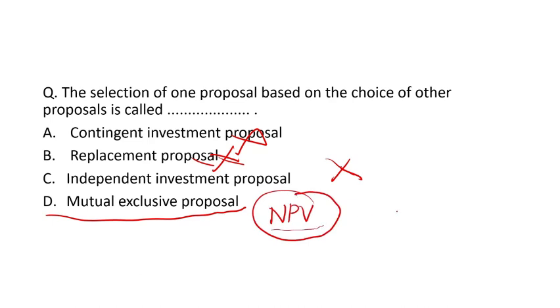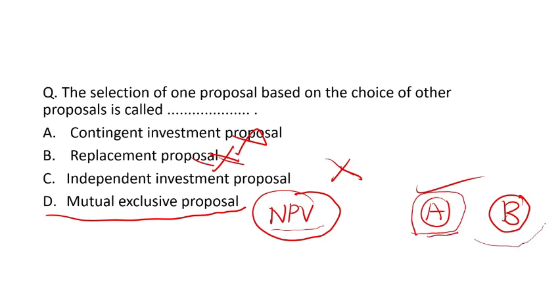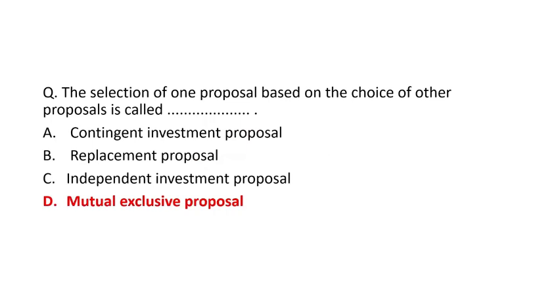Mutually exclusive means, suppose A and B are two projects, and by application of proper capital budgeting techniques you decided to select project A. When you select A, project B will automatically get rejected. This is the concept behind the mutually exclusive project. So option D is the right answer.